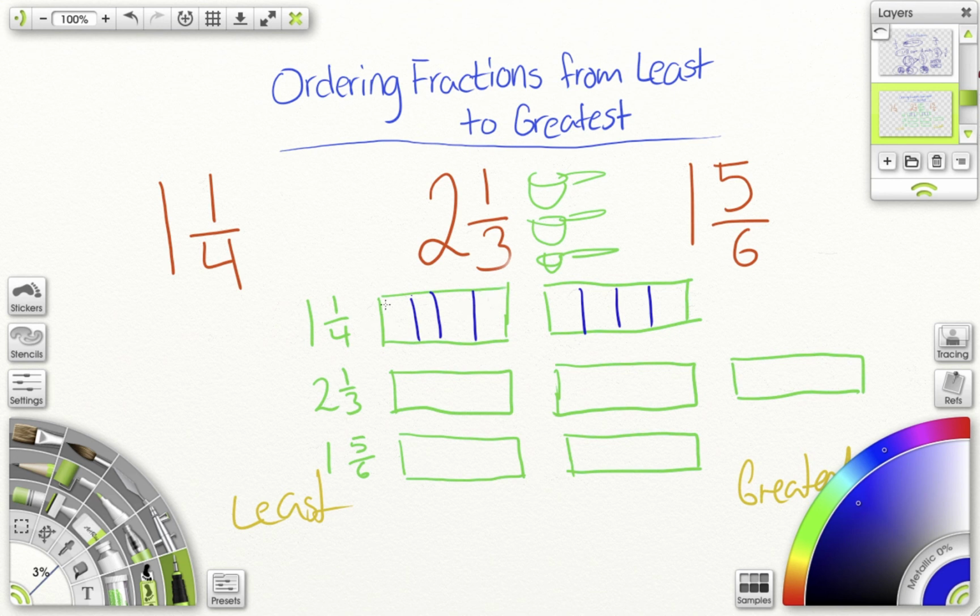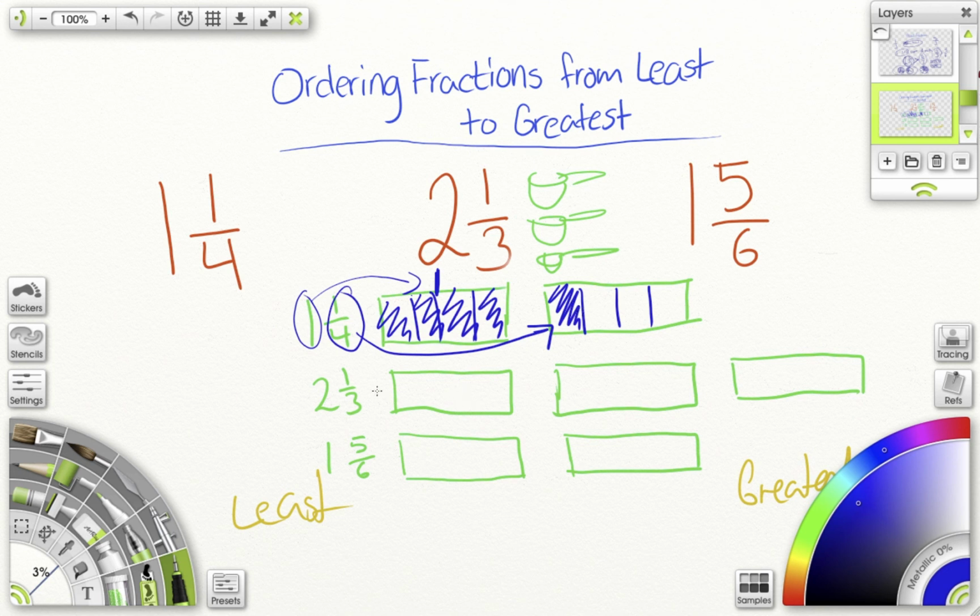A whole number means all of these are colored in. So all 4 are going to be colored in. So that represents my 1 in this fraction. The 1/4 is going to be represented over here. So 1/4 means I colored 1 of the 4 spots. So this is how I represent this fraction in strips. I have a whole plus the 1/4 left over.